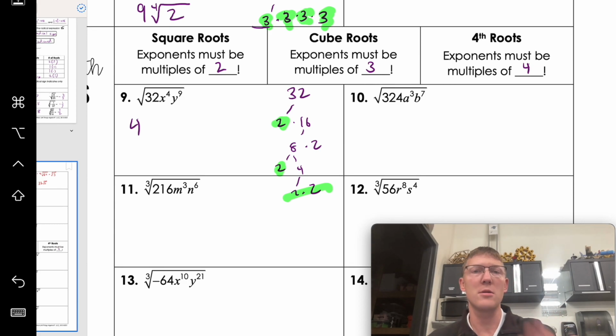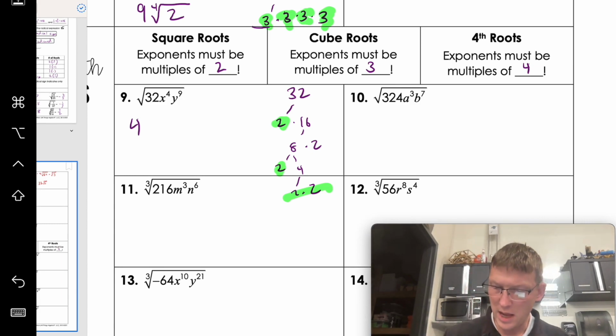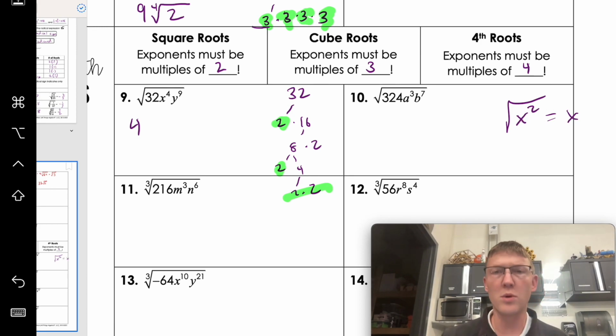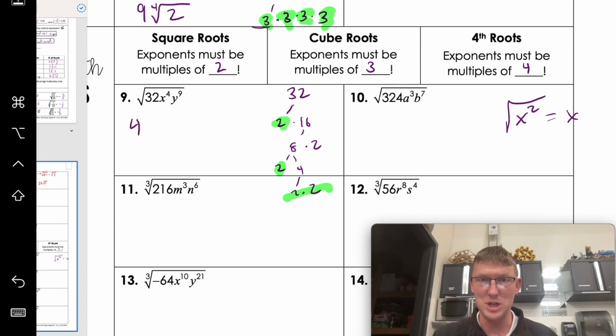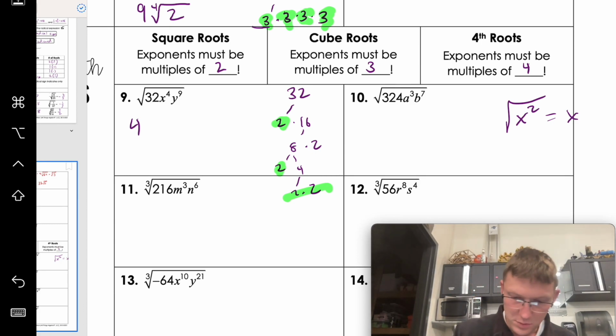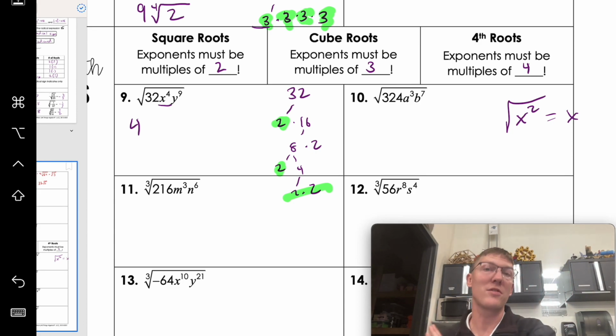Okay, let's look at the variables now. So we've got x to the 4th. When we take the square root of x squared, that is just going to equal x. They cancel each other out. They're opposites of each other. So we need to divide this up into groups of x squared.